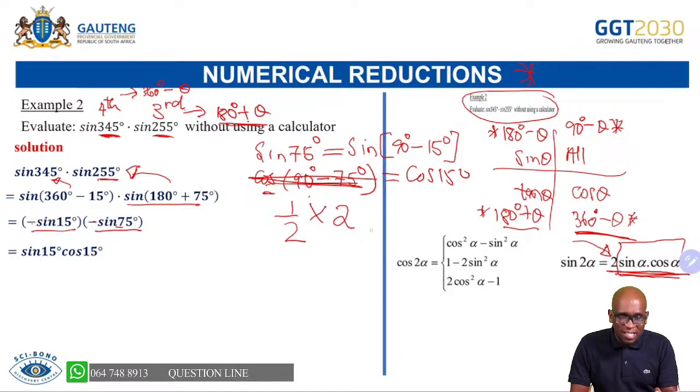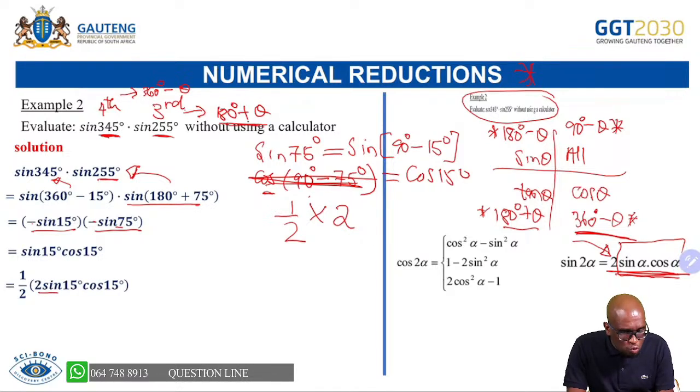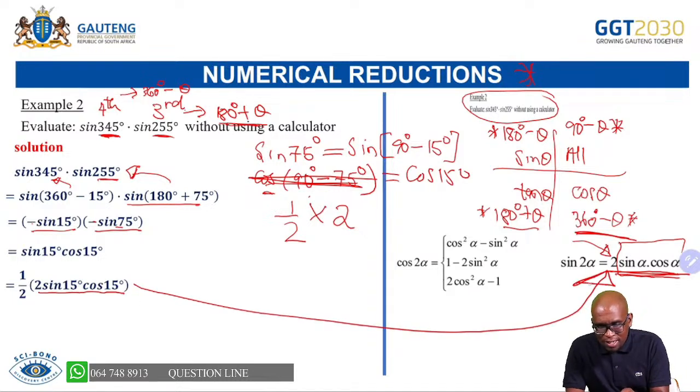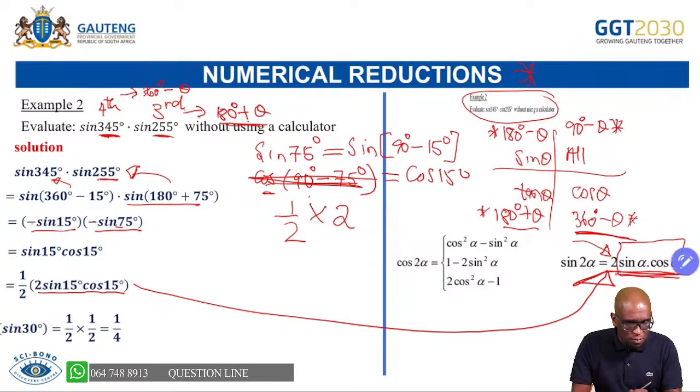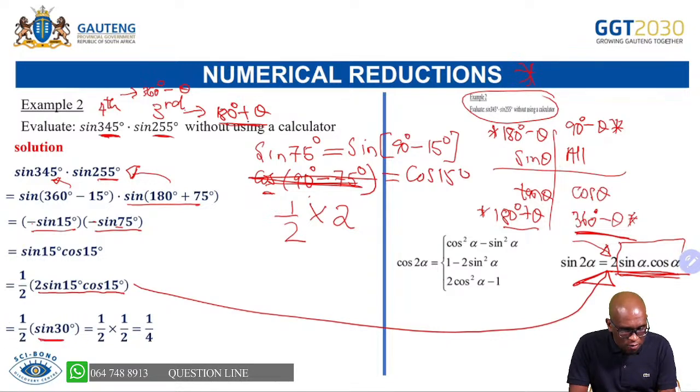So it's now half of 2 sine 15 cos 15, which means we can apply the conjunction to form our double angle. So this becomes half the sine of 30.